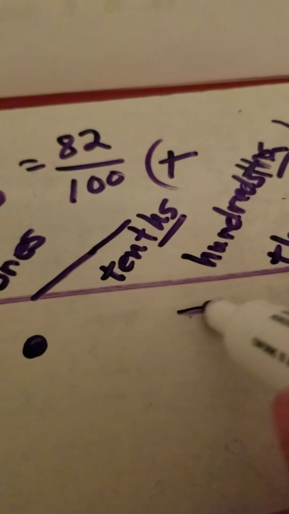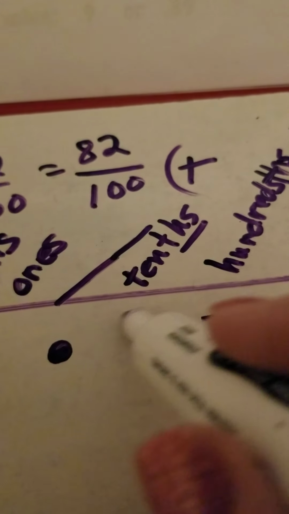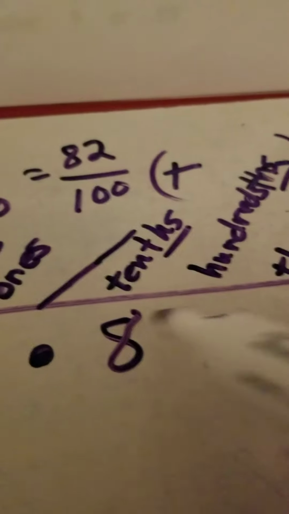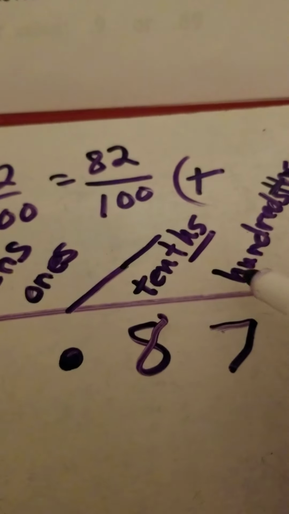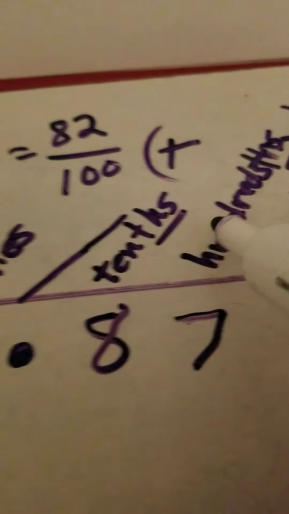This is where your 7 goes. This is where your 8 goes. 8 goes in the tenths, 7 goes in the hundredths, because they told you it was 87 hundredths. So always look at the denominator, go to that place value, and that's where you put your digit that is all the way to the right of whatever number you have in that place.